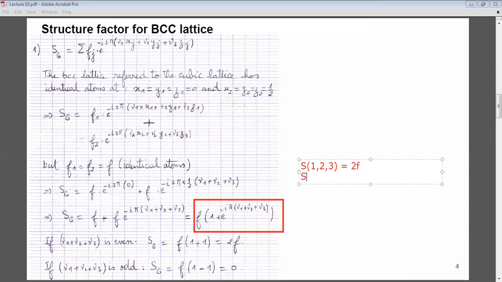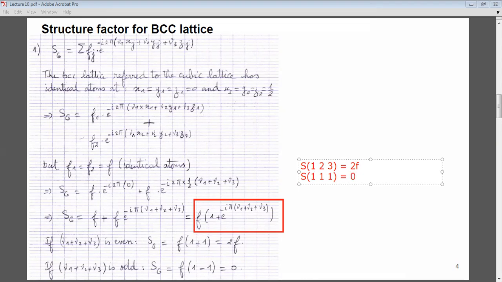However, if I take S of (1, 1, 1), v1 plus v2 plus v3 is 1 plus 1 plus 1, which is 3. If v1 plus v2 plus v3 is odd, I will see nothing.